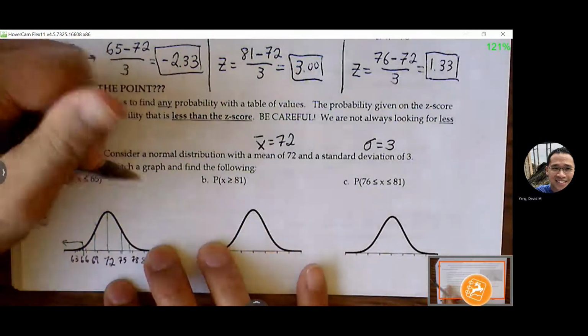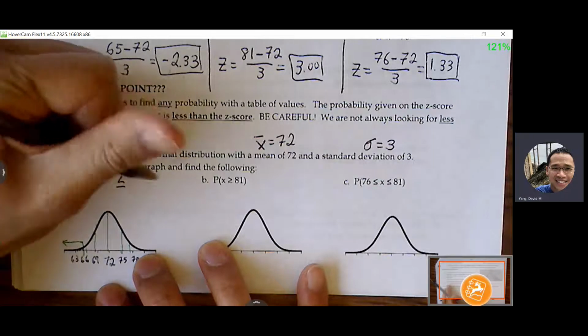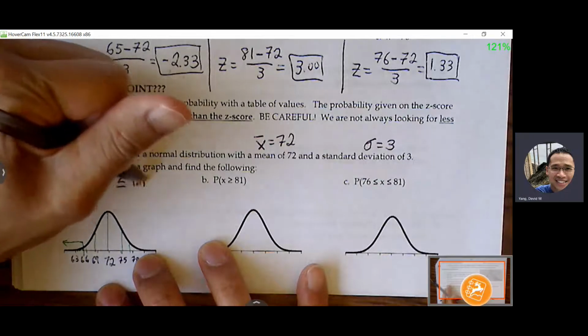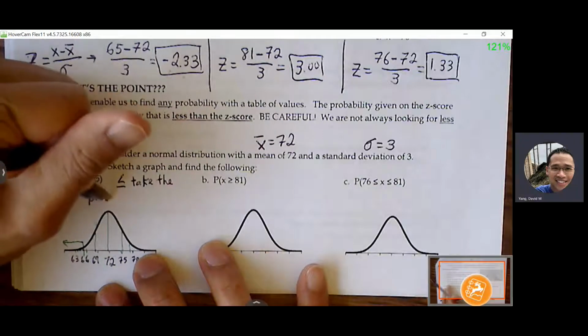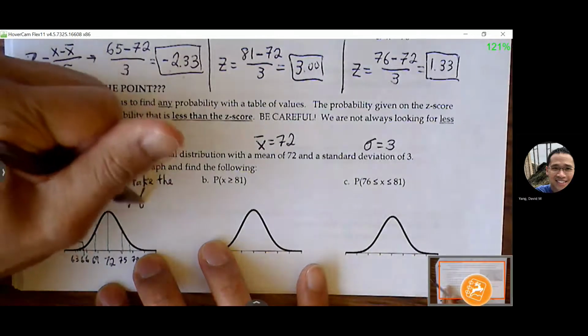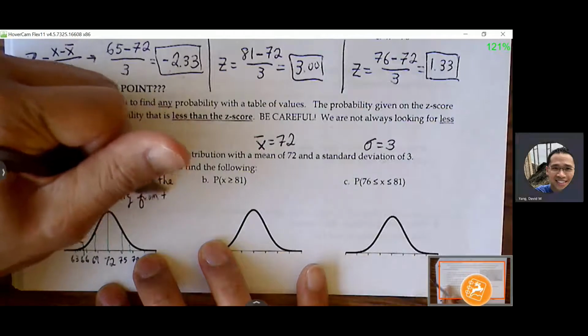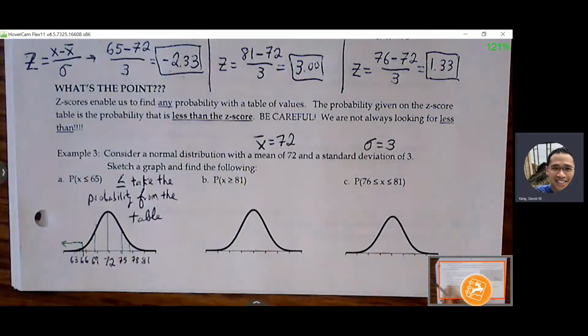Okay. So when you see less than, it's easy. You're just going to take the probability from the table. Okay, so how do we use the table?